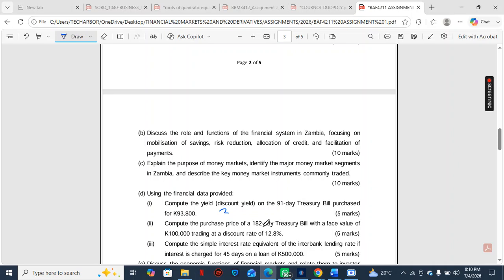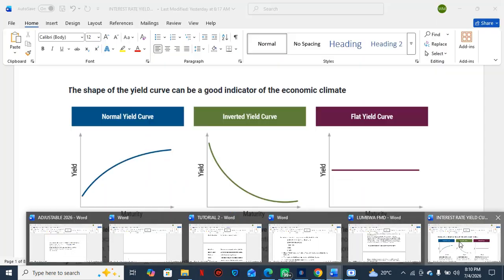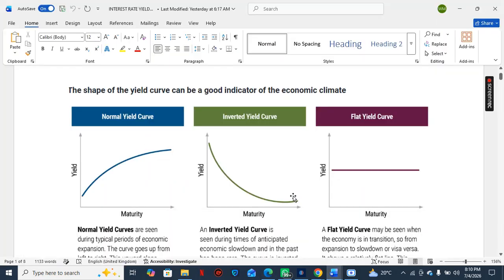So if this 182-day Treasury bill was giving a return of 12.8%, and this 91-day Treasury bill is giving you a return of 24%, then we are talking about this green curve here.